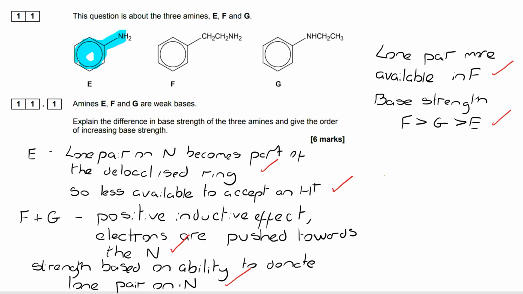So that's going to be the weakest. G is actually influenced by both of those factors. You can look at the lone pair being taken on as part of the delocalized ring, but also there's the inductive effect from the CH2CH3. So that one goes in the middle.